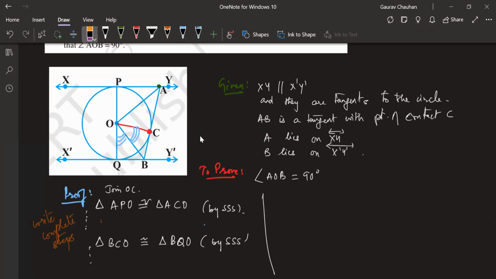I'm going to label these angles so that it becomes quicker to talk about them.